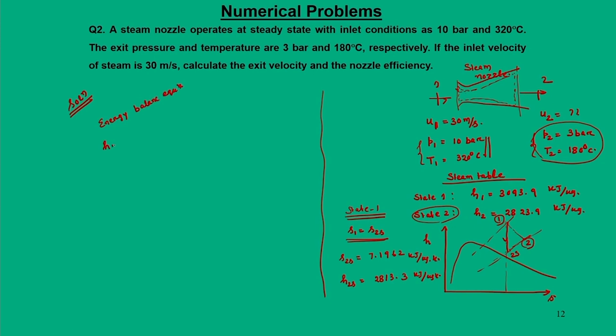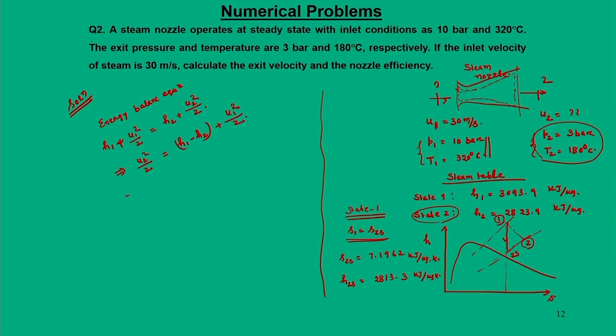which says H1 plus U1 square by 2 is equal to H2 plus U2 square by 2. So this means U2 square by 2 is equal to H1 minus H2 plus U1 square by 2.